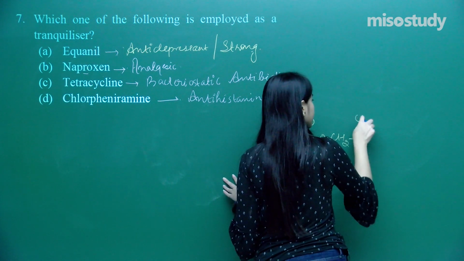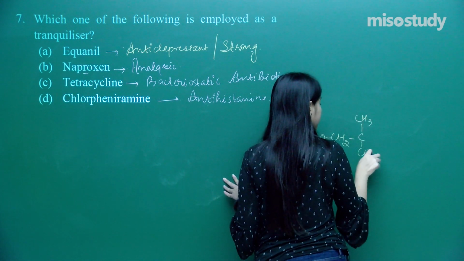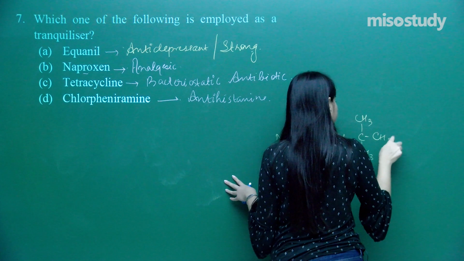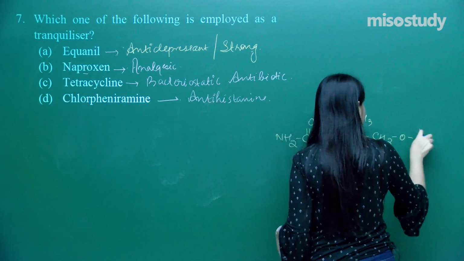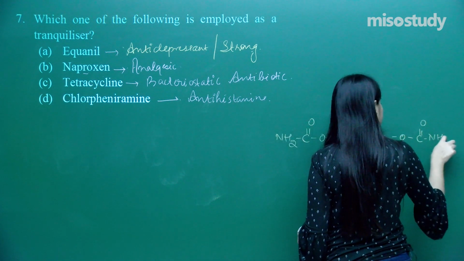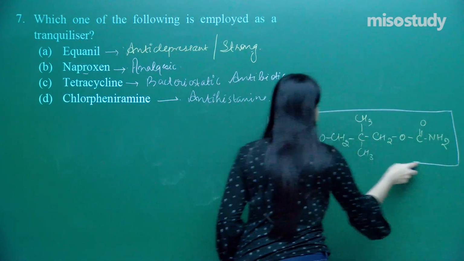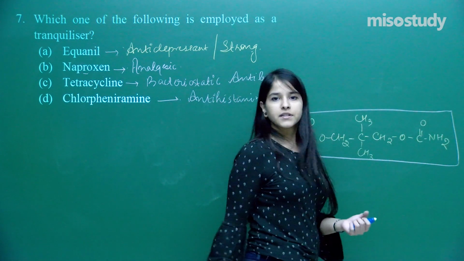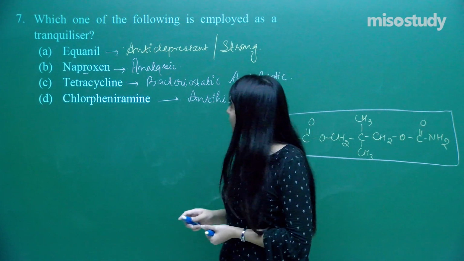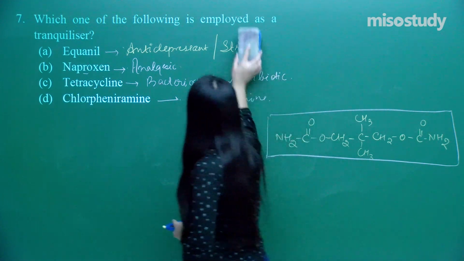A simple kind of structure we have already discussed in the sessions. So I hope you all have followed my sessions earlier regarding chemistry in everyday life. So that is the drug that we are dealing with. That is Equanil. So let's move on to the next question.